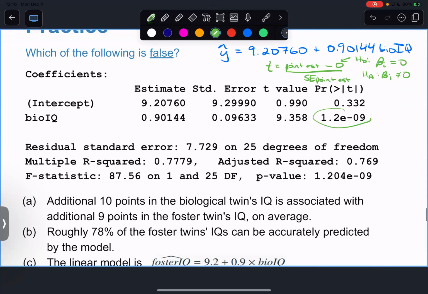That's nice. A slope of 0 means no relationship. So then we can conclude that there is a relationship. But that's for another course.